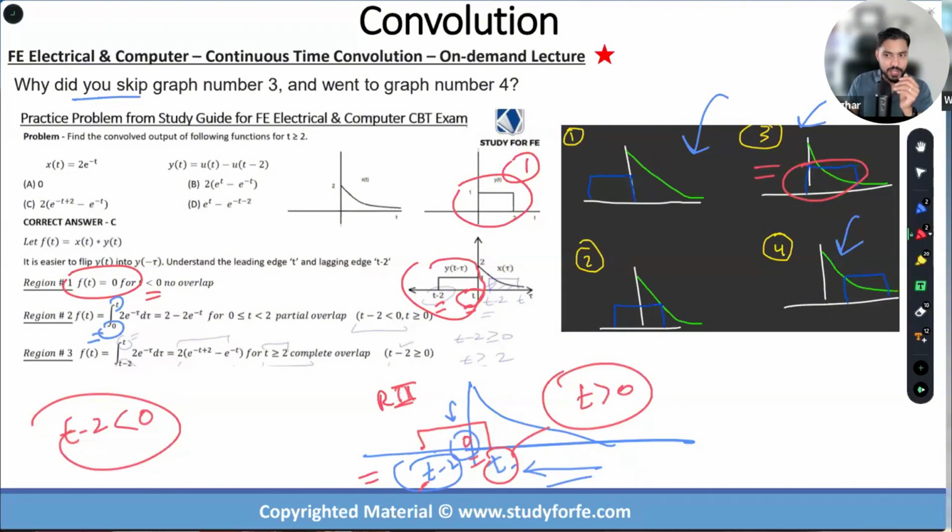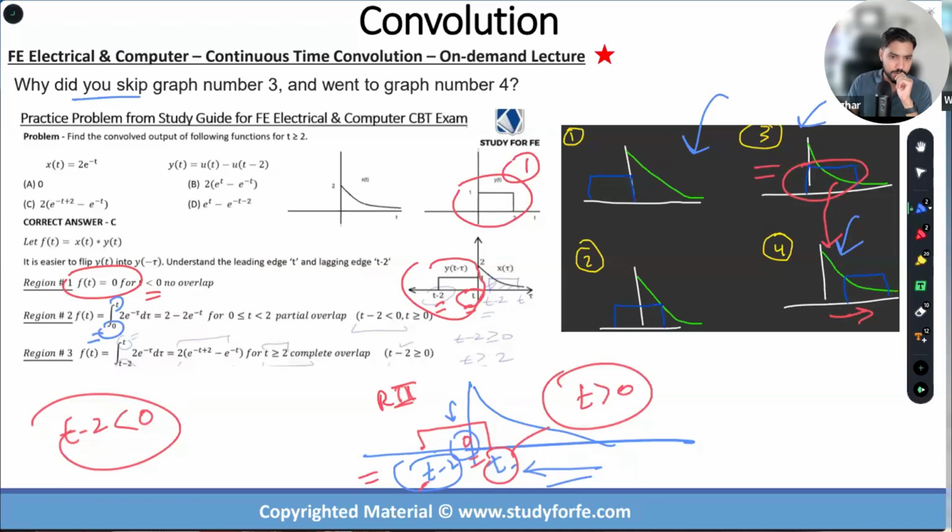And then he's saying that in option number 3, or region number 4, it is now progressing. So the student is treating these differently, whereas in reality, they are both the same. Why? The student is running into this confusion because by sketching these out, he's lost track of the leading and the lagging edge.